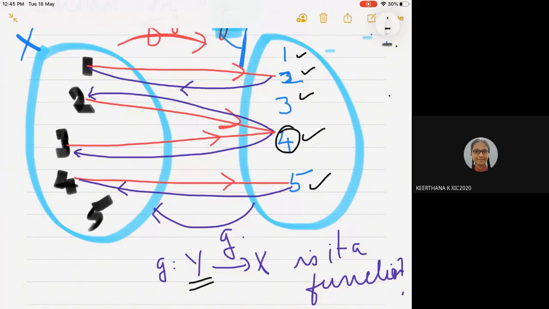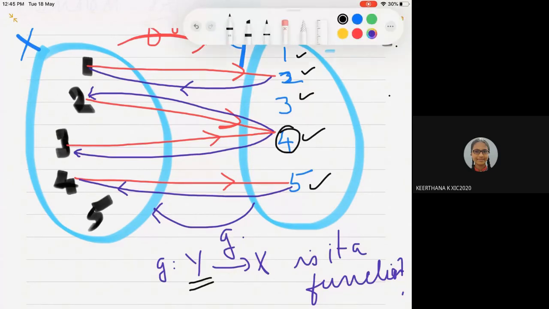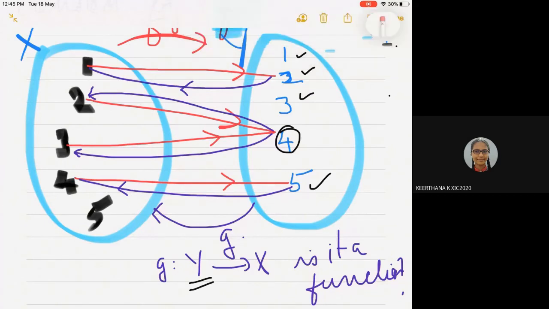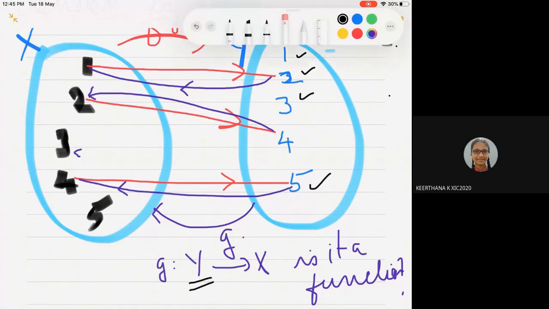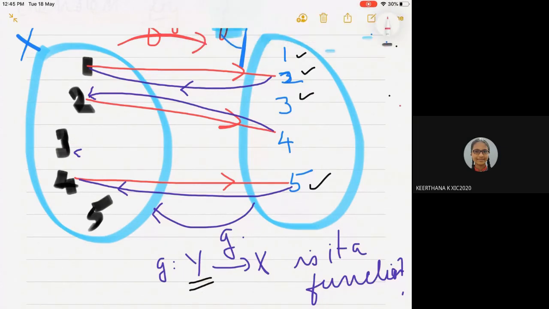Now I can solve this question. In order to make the inverse mapping a function, what changes should I do? This one I have changed, and I'm bringing another function. The image of 3 is 3.